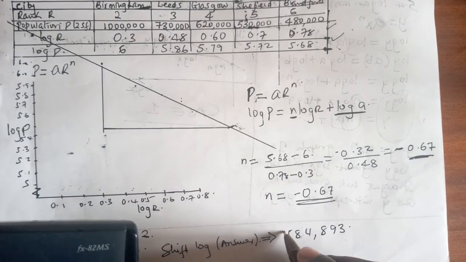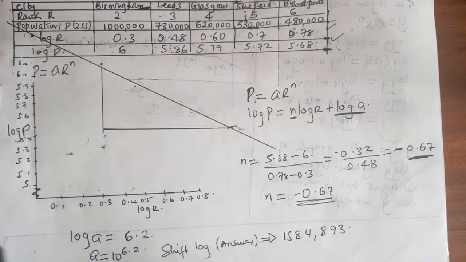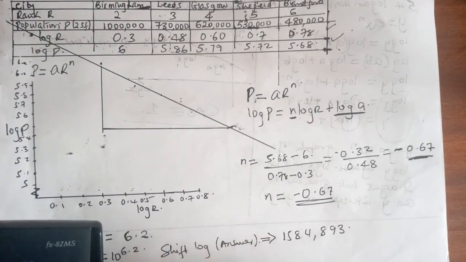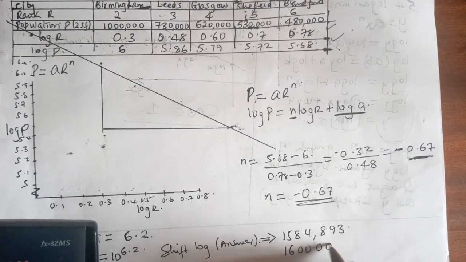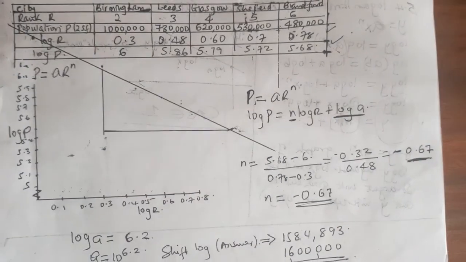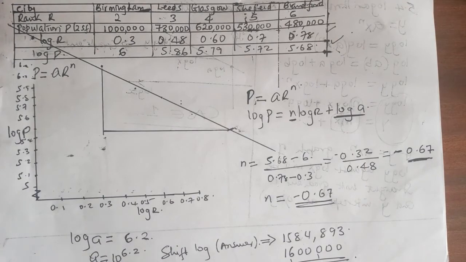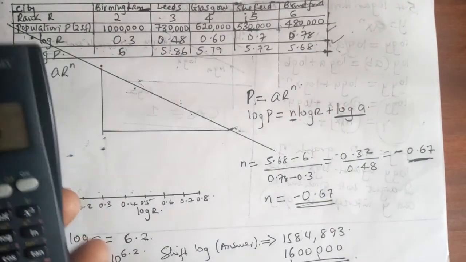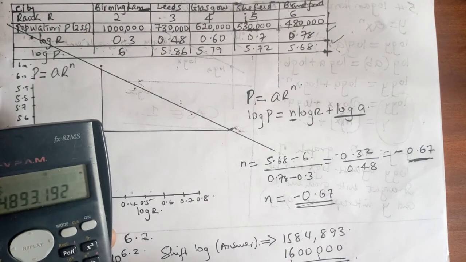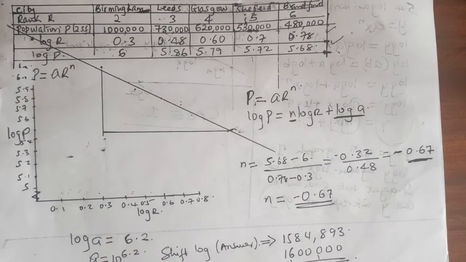1,584,893, to two significant figures, which is 1,600,000. Of course, you will find that the y-intercept in an ideal situation is about 1.6 million.